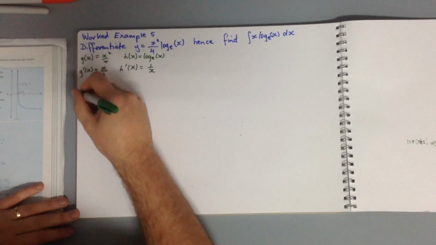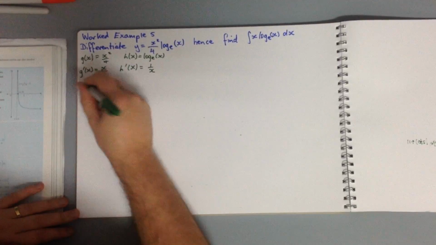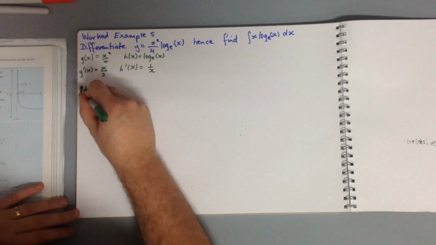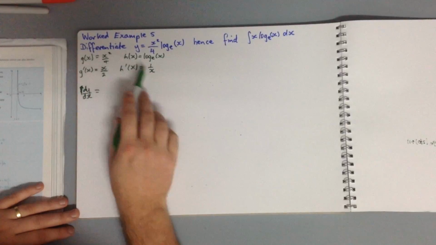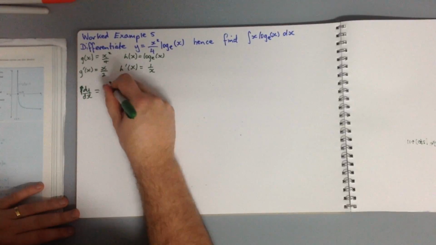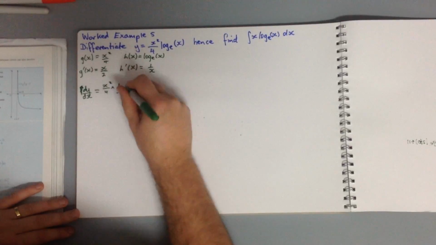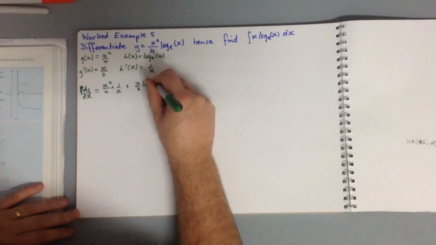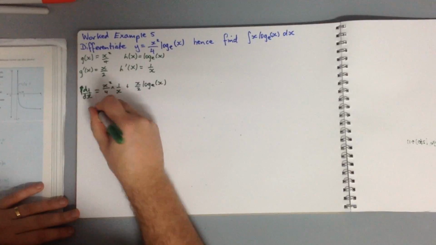So we bring them together now and say dy dx is equal to, well, we multiply across, so we've got x squared on 4 times 1 on x plus x on 2 log to the base e of x.